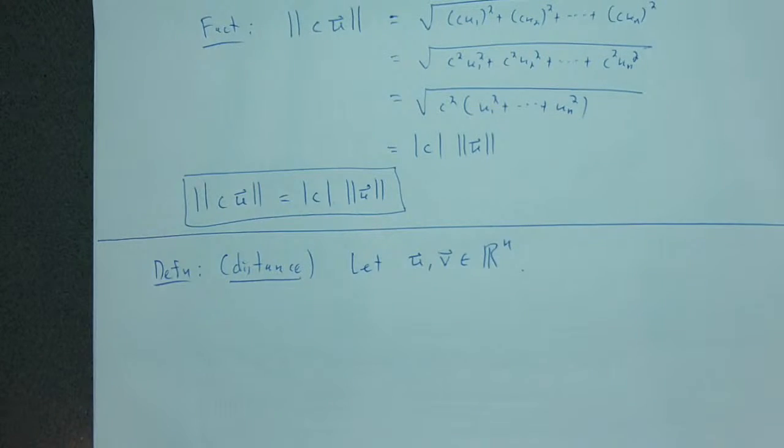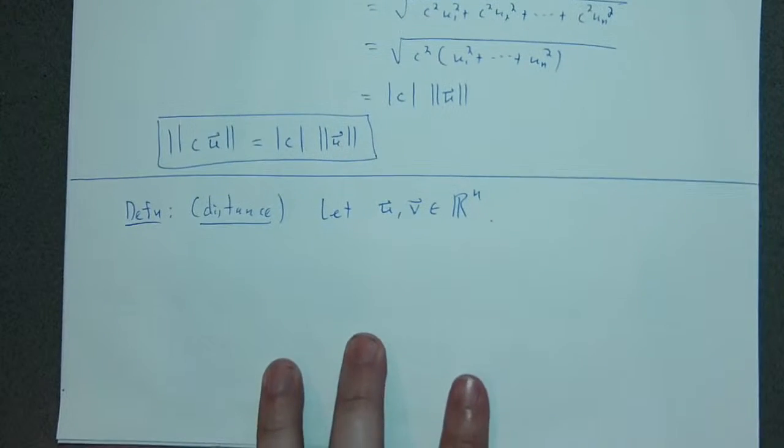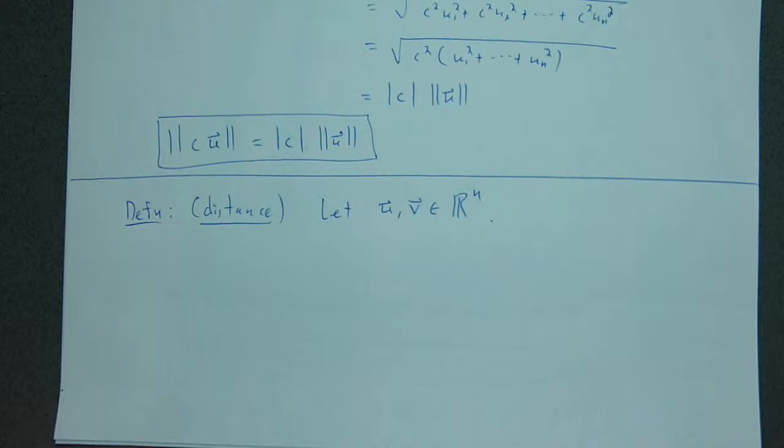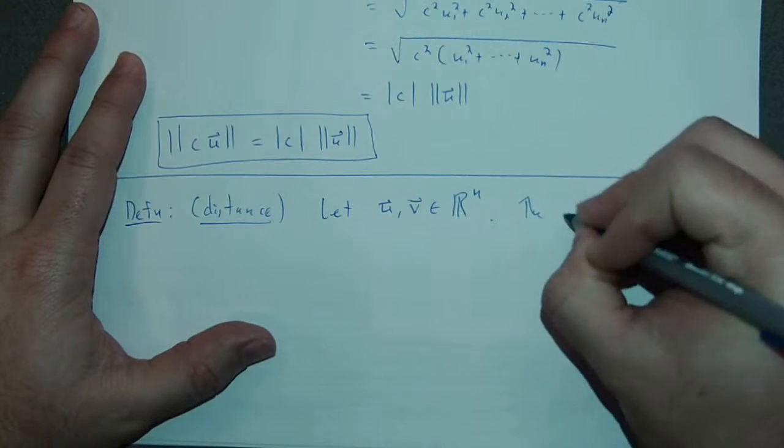We know, since it's been beaten into your heads by now many, many times, that vectors and points are really the same thing. So vectors in Rn are the same thing as points in Rn, the points those vectors point to from the origin. And so I can talk about the distance between them.